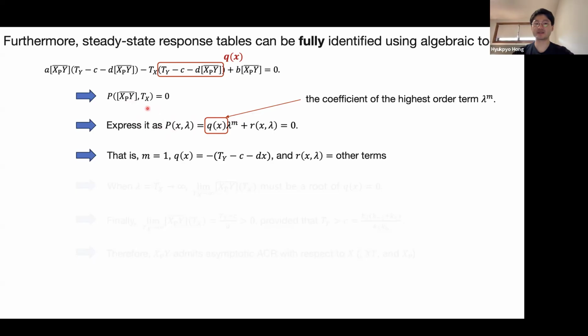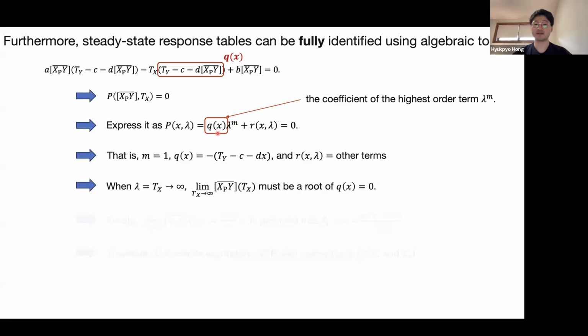And because this algebraic equation is always zero, what we can say here is that when we let lambda go to infinity, because this is the leading term, the highest order term, q sub x must be zero to compensate this increasing dominant term, lambda to the power of m.